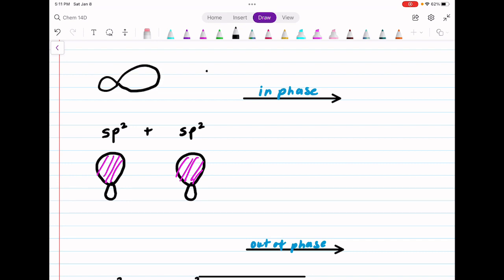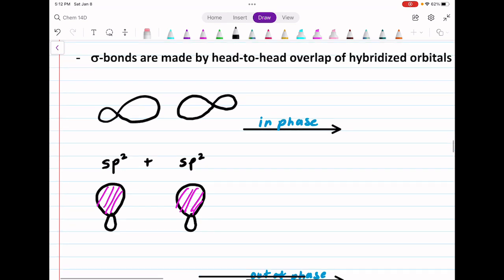The reason we do head-to-head overlap for sigma bonds is sort of similar to why the s orbital was spherical, whereas for p orbitals we had to change the shape. That was because the s orbitals are the first orbitals to be filled, so naturally they're going to be the ones with the lowest energy, the best possible distance from the nucleus, because of the first electrons we put in there. Similarly, a sigma bond is the first bond you form. A pi bond doesn't exist unless you already have a sigma bond, right?